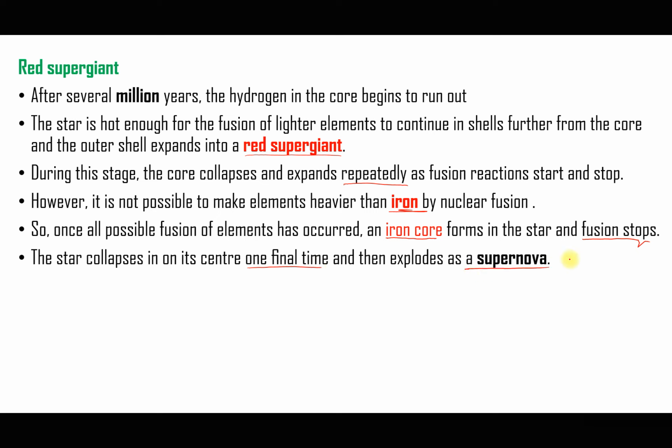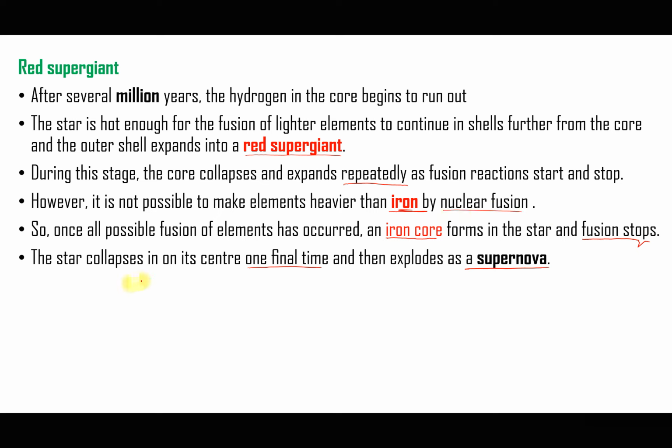So initially, the core will always collapse and expand as fusion of lighter and lighter elements continues, fusion of different elements continues. But of course, every fusion reaction results in heavier elements. So once a heavier element such as iron is formed at the core, then fusion stops because it is not possible to form elements heavier than iron by the process of nuclear fusion.